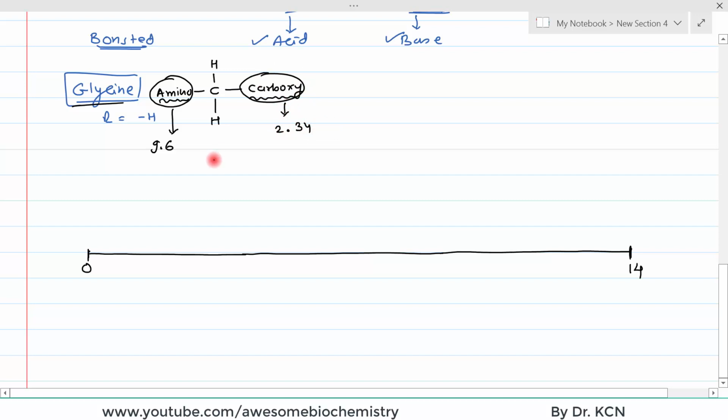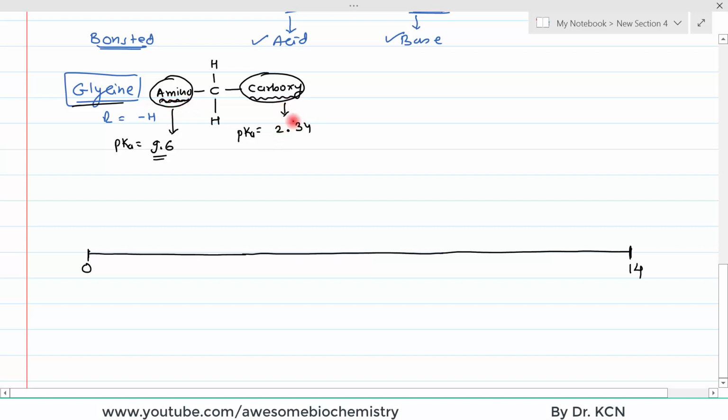Now, what is the meaning of this pKa? This is the pKa of amino and this is the pKa of the carboxy group. The pKa of amino is 9.6, that means when pH is more than 9.6, this amino group will be deprotonated.